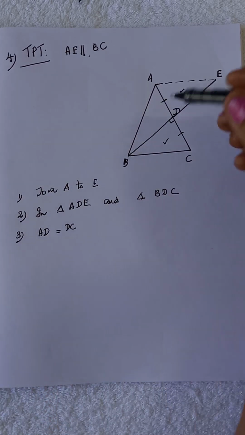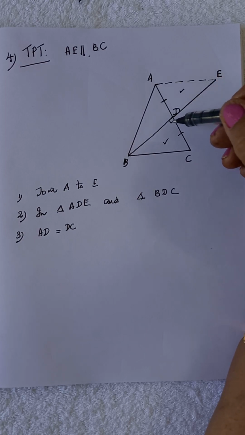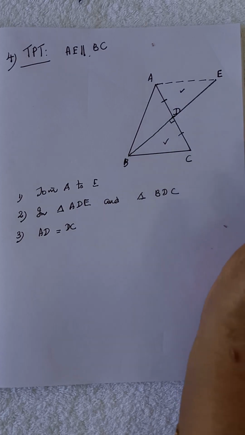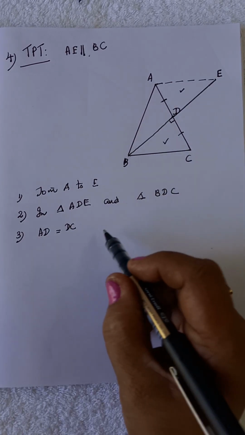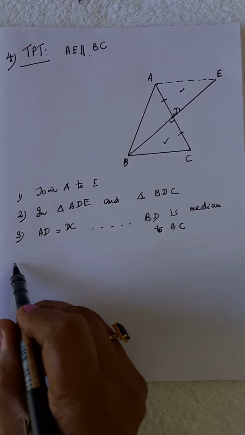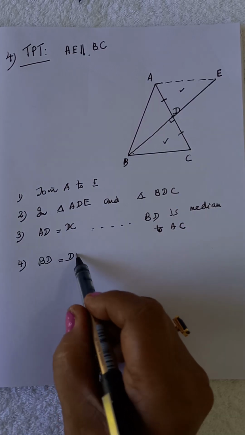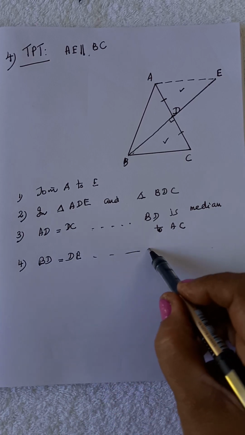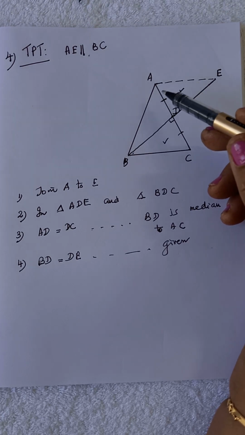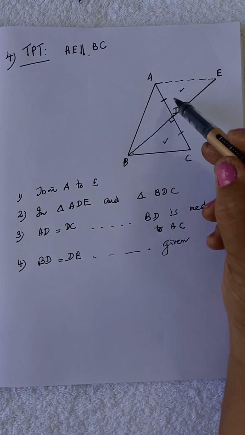Here AD is the side of the first triangle ADE, DC is the side of the second triangle BDC. So two sides equal. We can write the reason as BD is median to AC. Fourth point we can write BD is equal to DE. Why? That is given in the question. So we can write given as the reason. Here BD is one side of the triangle BDC and DE is one side of the triangle ADE.